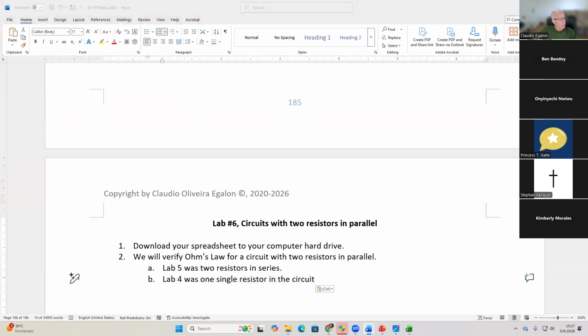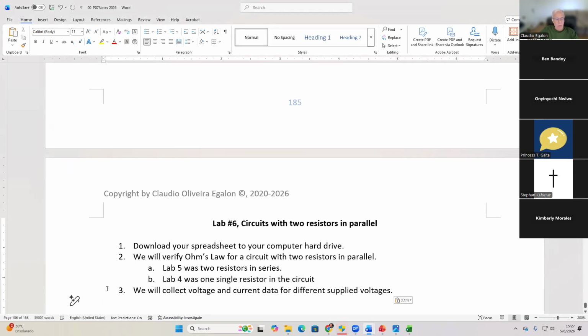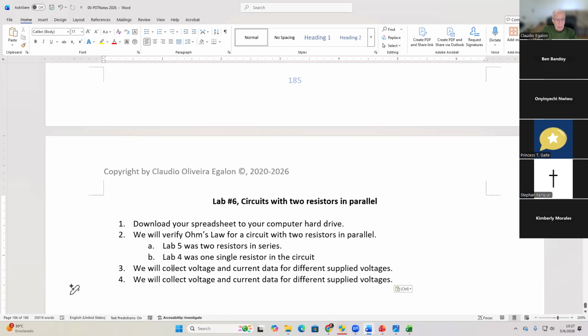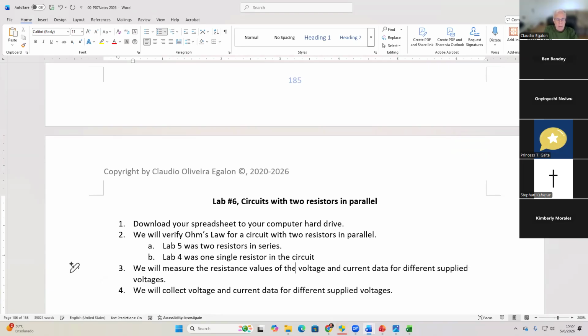Okay. So first we will measure the resistance values of the two resistors with the multimeter, the DMM.